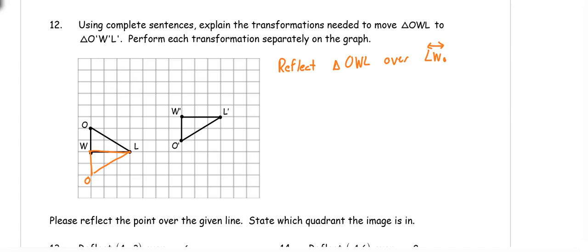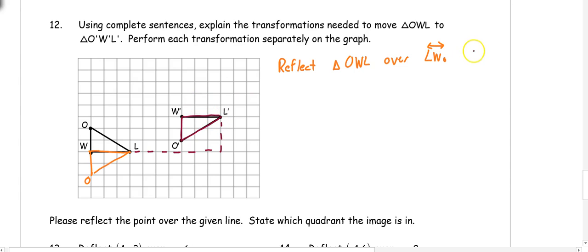Once I've reflected, now I need to move the triangle. We move images by using a translation. So let's look at how I would get L from one part to the other part so that they overlap.